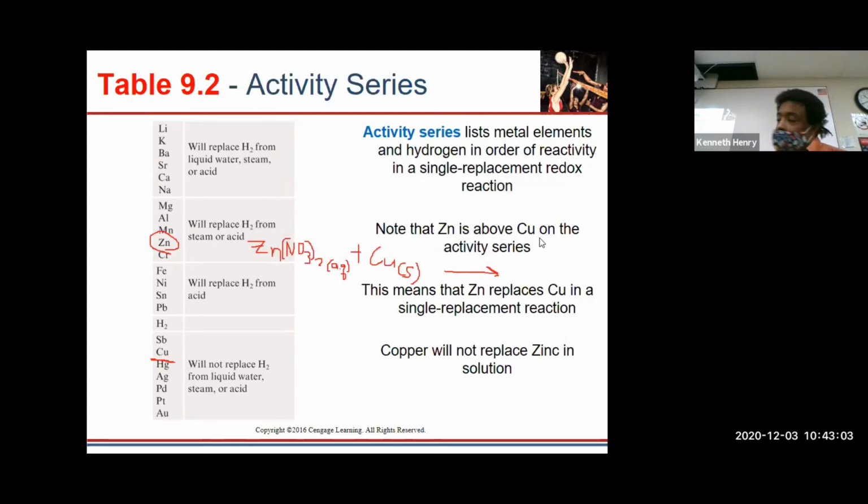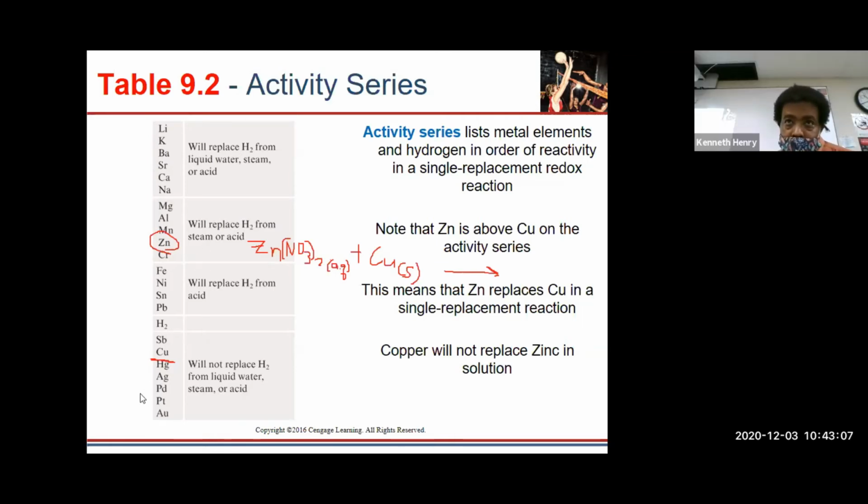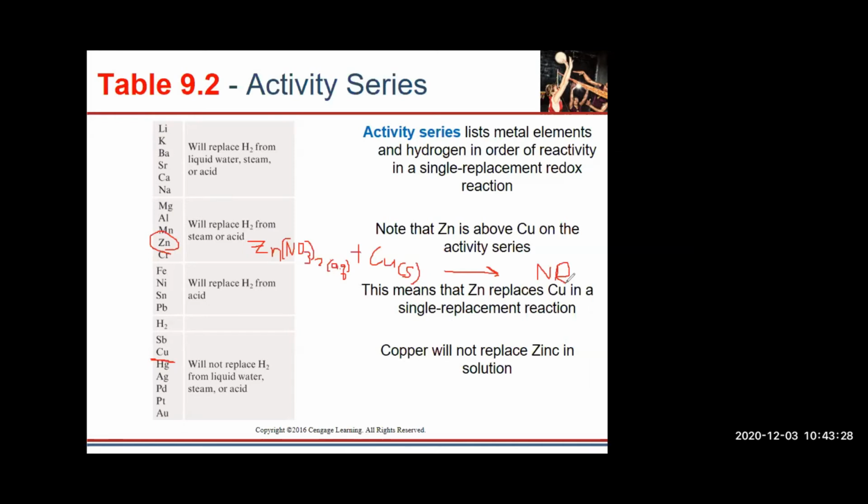So if we switch it around, zinc is higher than copper, right? So copper won't be able to replace it. So in this circumstance, there's not going to be a reaction. So then we're going to write NR. You guys get it? Do you see the difference?